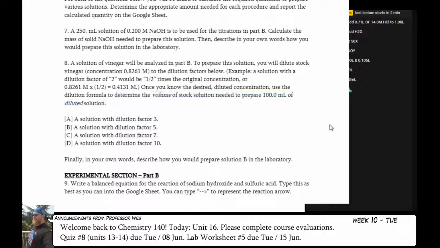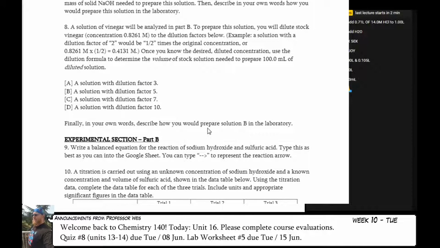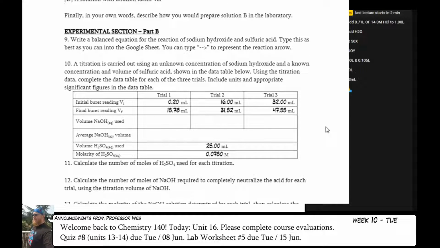All right, let's talk about part B. Part B is a titration, and what that means is that I am adding controlled amounts of liquid reagents with known molarity to some stuff that I want to react it with.